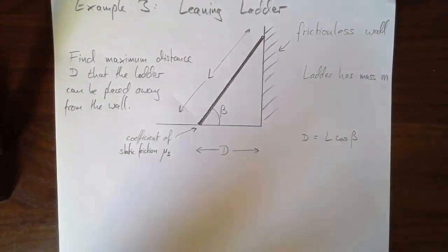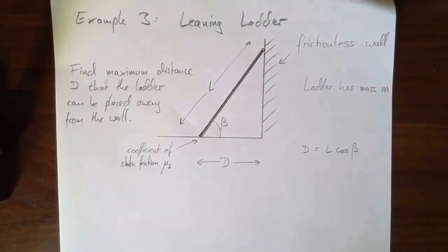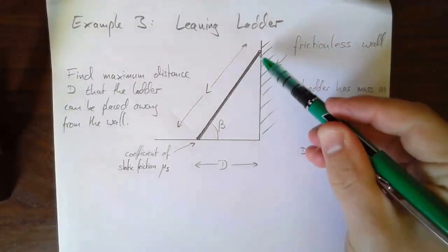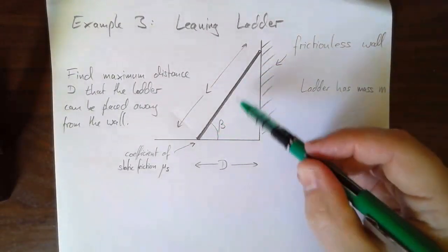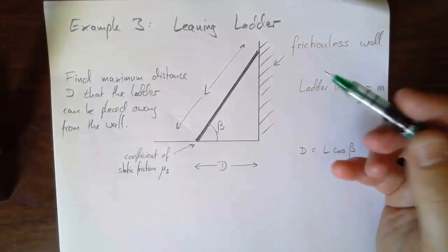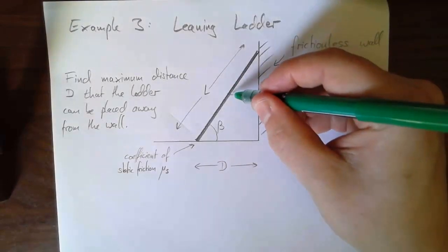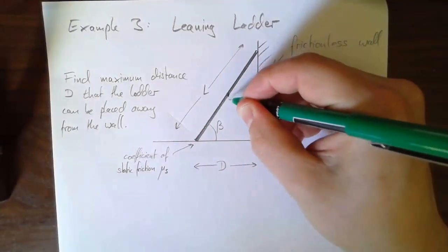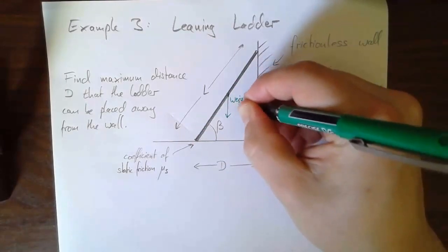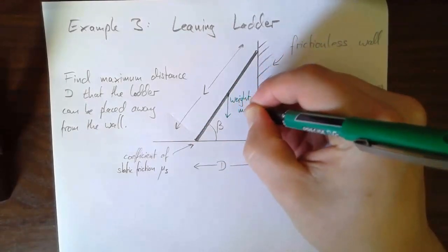Okay, so where do I start now? Well, let's start the way we always start. We draw our free body diagram. We draw the forces, and I should have said this perhaps earlier, in terms of terminology, when we draw our forces at the different locations where they act, we call this an extended free body diagram. So in the middle we have the weight, and the weight is, of course, mg.